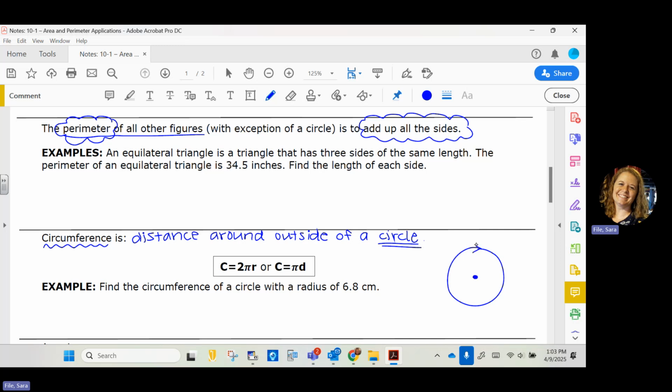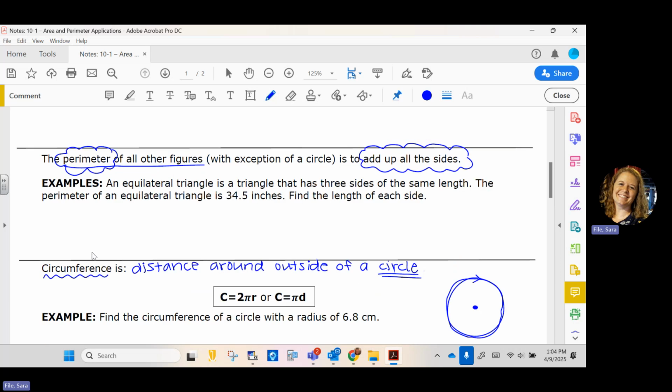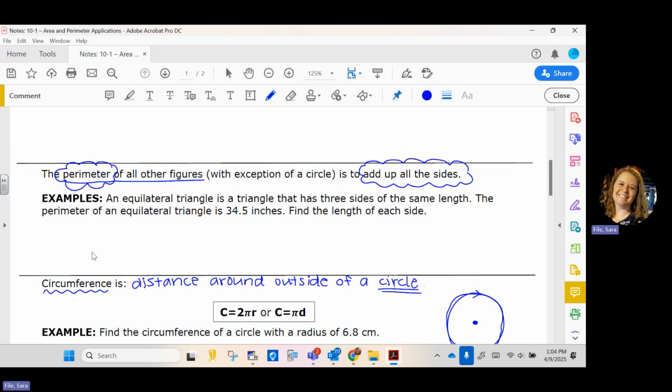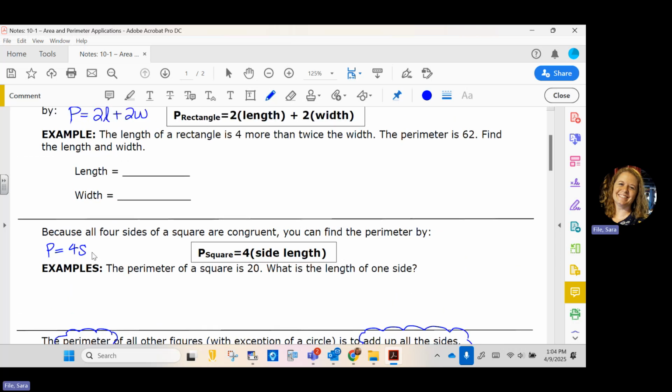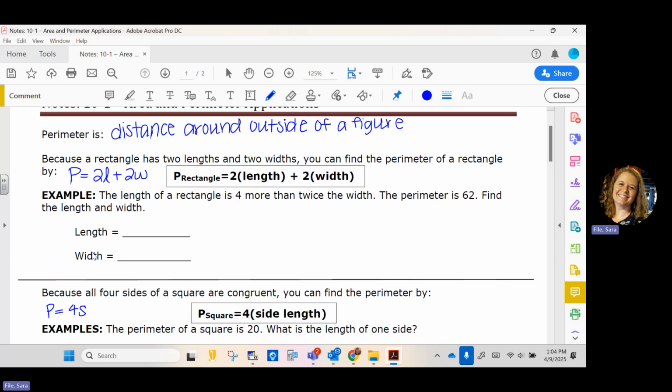It's this distance around the outside. So if I start here and I go all the way around to where I started, that's the circumference, the distance around the outside. It's like perimeter, it just has its own term, circumference. So circumference and perimeter are similar. It's around the outside, it's one dimensional.